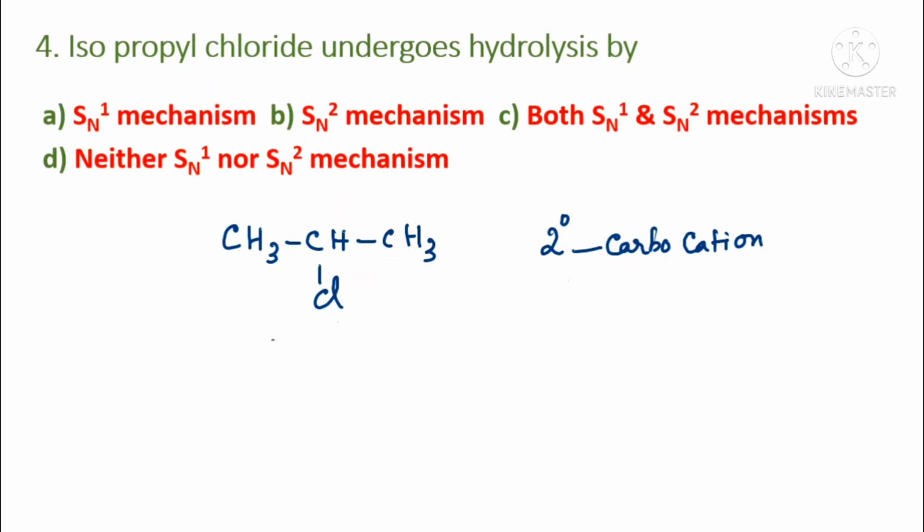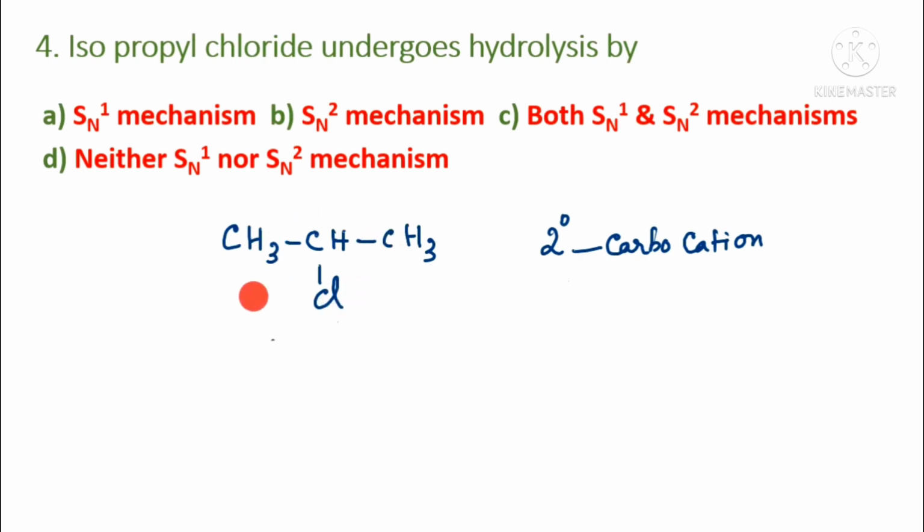But take into account one more reason. This compound has two methyl groups, but if we consider steric hindrance, it is not much hindered by the methyl groups. If one more methyl group were there, then we could conclude that since more steric hindrance is there, SN2 is not possible.